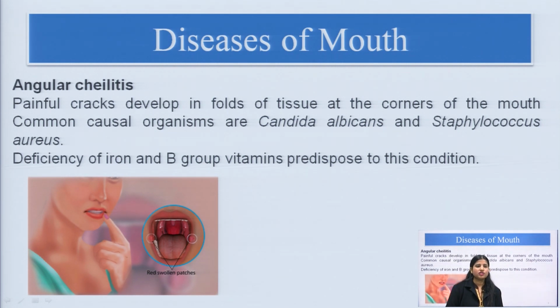Now, angular cheilitis, what do we mean by angular cheilitis? These are painful cracks developing in the folds of tissue near the corners of the mouth, and the reasons associated with it are infection and dryness. The basic microorganisms involved are Candida albicans or Staphylococcus aureus.